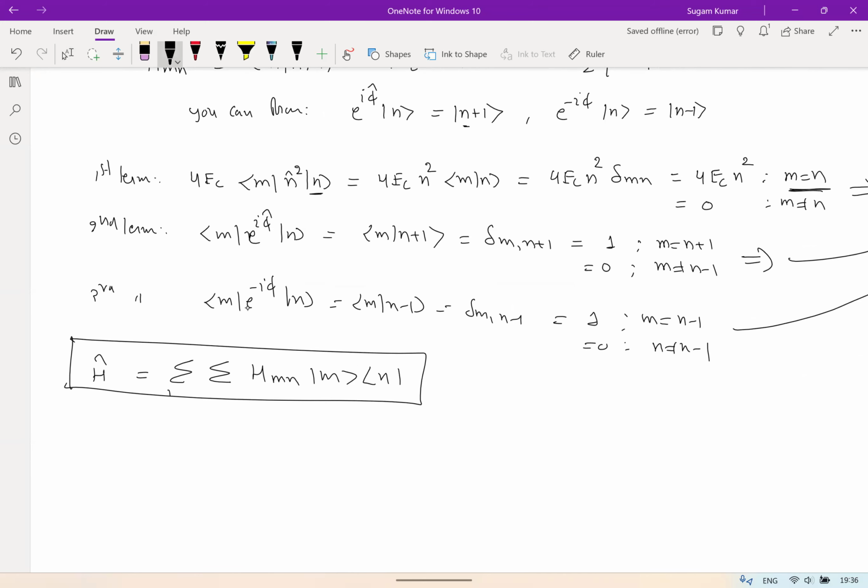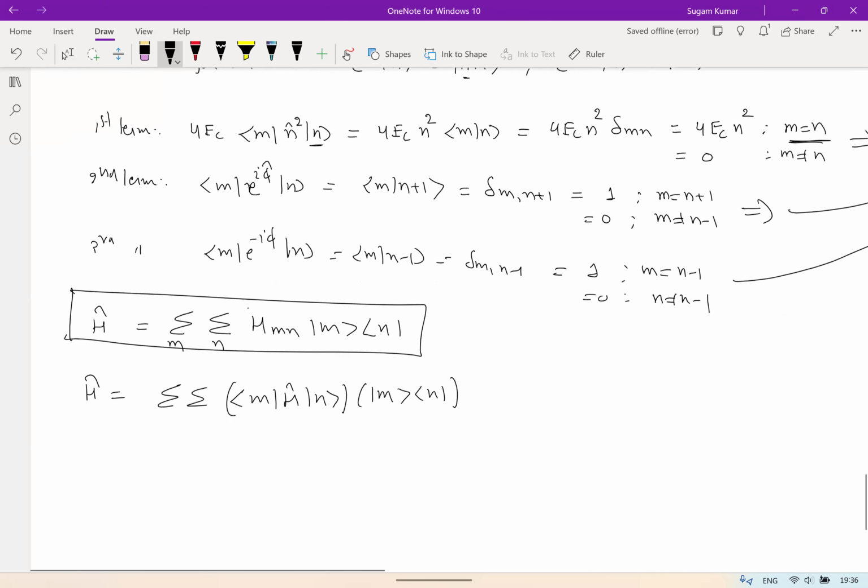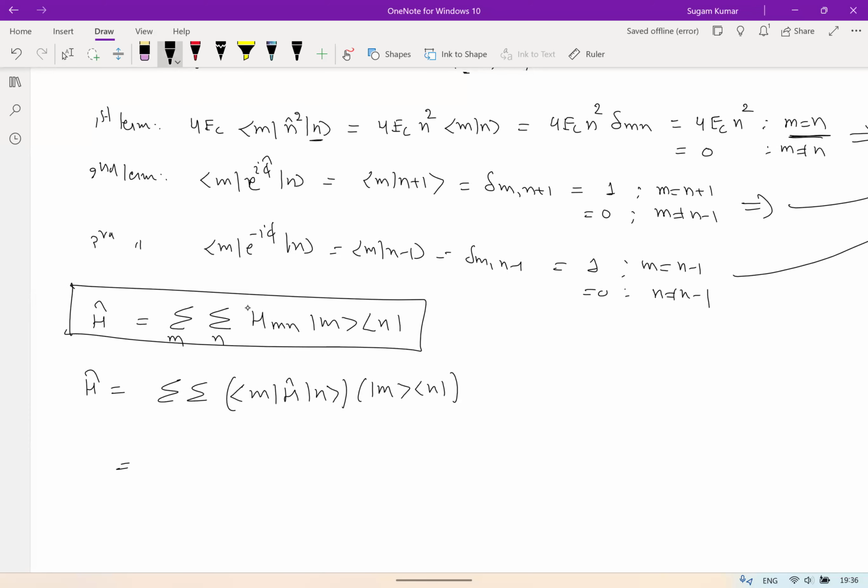Of course, here one will be m, the other will be n. And this is nothing but equal to the sum of <m|H|n> into |m><n|.